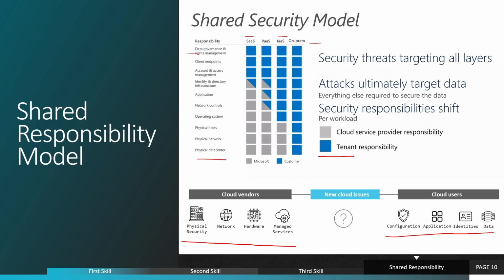The cloud vendor is going to be securing much more because they are responsible for much more. Like we can see here, the cloud vendor is responsible for everything between the physical data center all the way to the application, and even part of the identity and directory infrastructure.